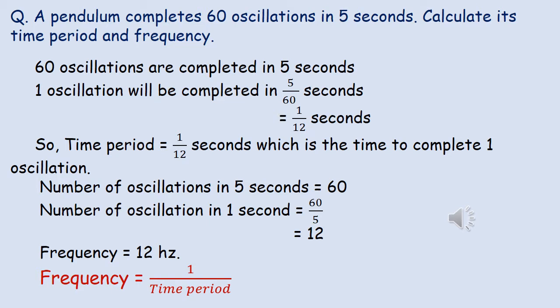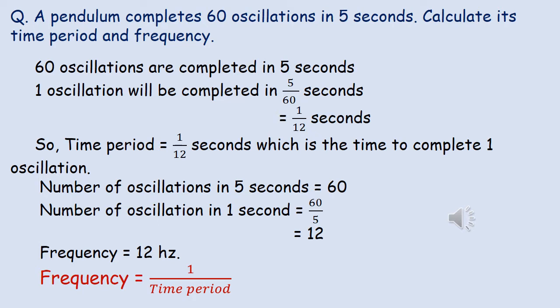Now we have to find out the frequency. That means how many times the oscillation is completed in 1 second. So we write the same line in a different way. Number of oscillations in 5 seconds is 60. So number of oscillations in 1 second will be 60 by 5, that is 12. So frequency will be 12 Hertz.